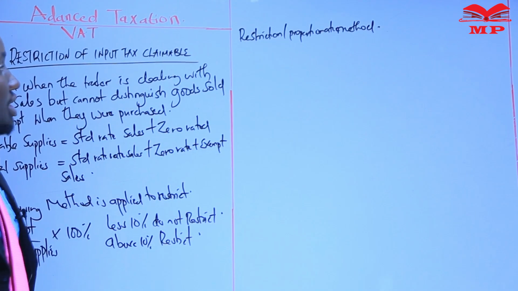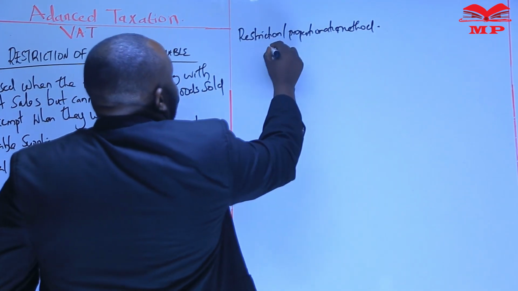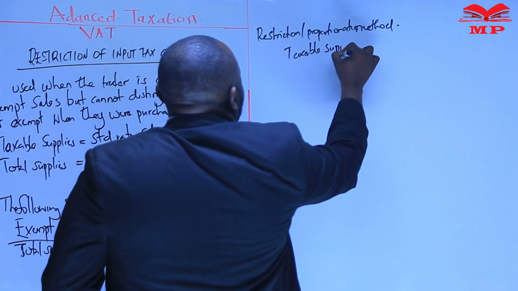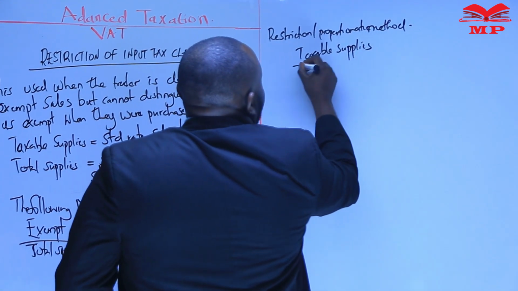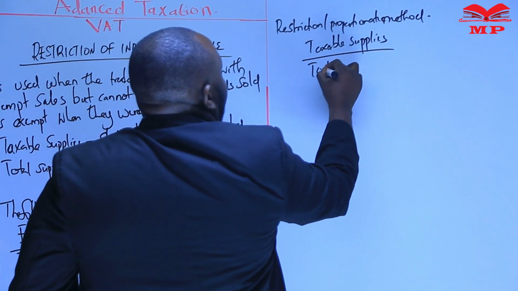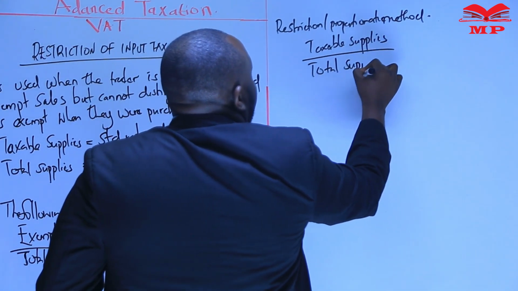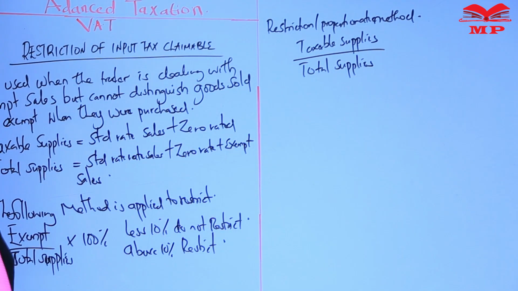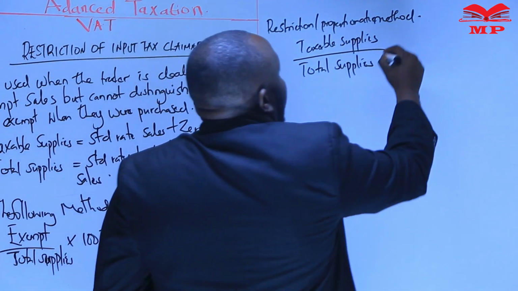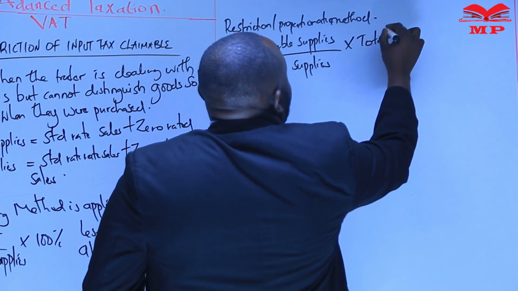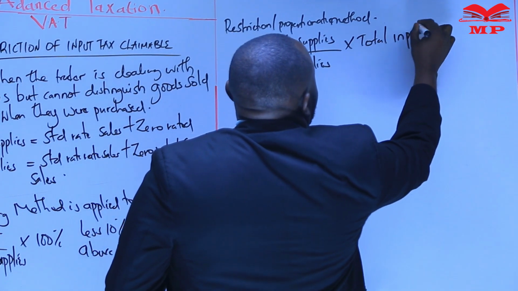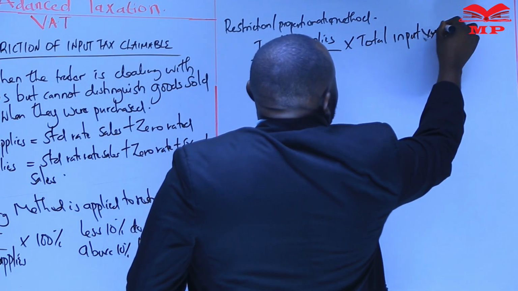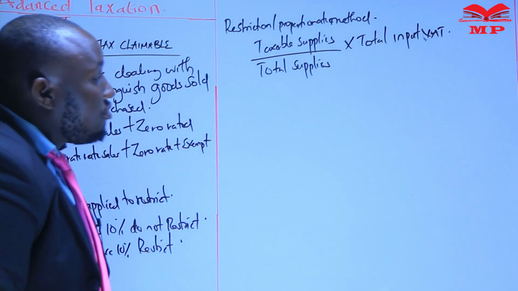We restrict by taking the taxable supplies over the total supplies, times the total input VAT.